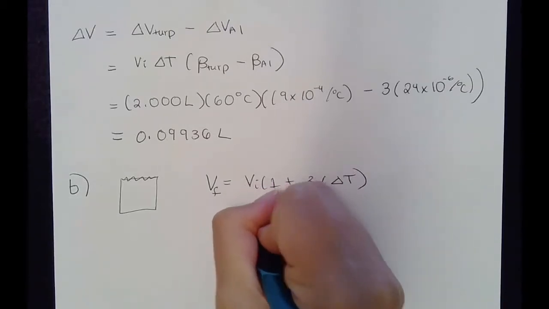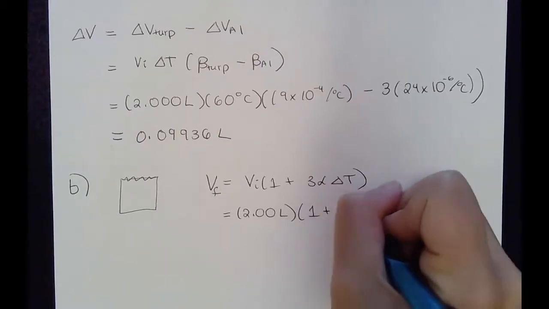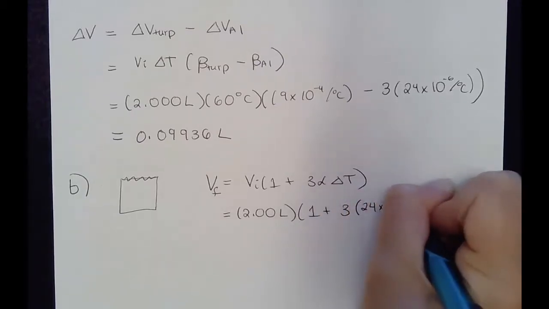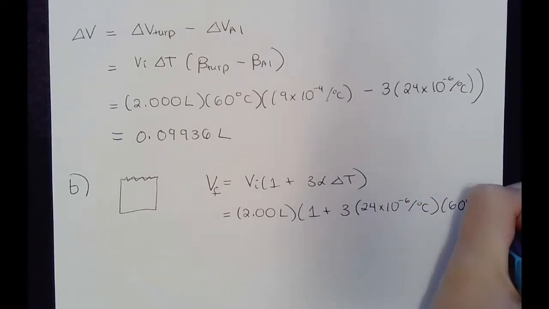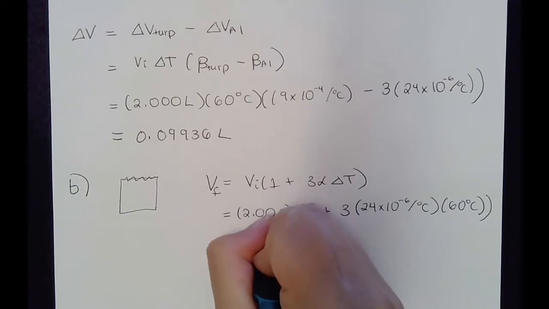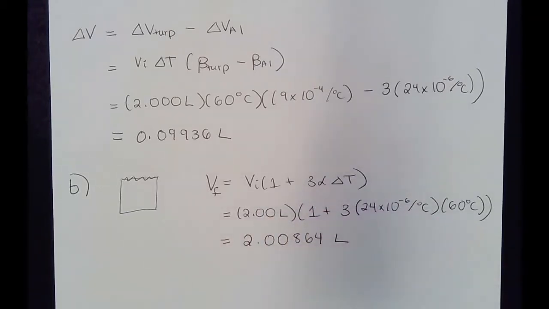So that's 2 liters times 1 plus 3 times 24 times 10 to the negative 6 per degree Celsius times the increase of 60 degrees, which gives 2.00864 liters. And it can be helpful to keep extra sig figs for these volume expansion questions, since we're not always seeing a large change in volume, but it is something that is still significant.